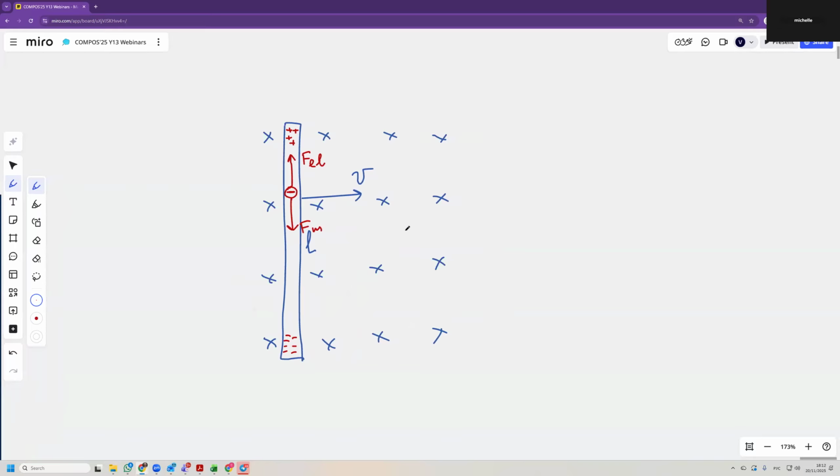Now, if the rod is moving through a magnetic field at constant velocity, the electric force must equal the magnetic force because it will be in equilibrium. We know that the electric force is QE, where E is the electric field, and the magnetic force is QVB.